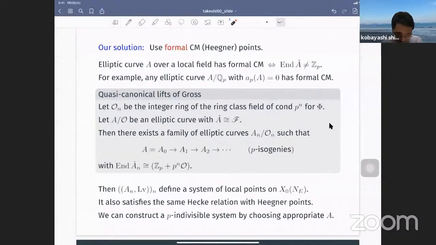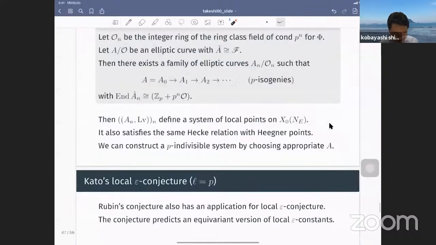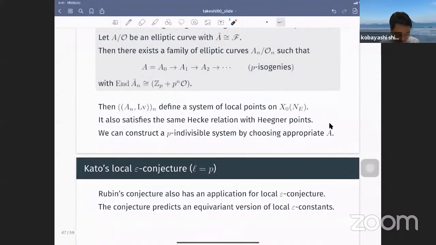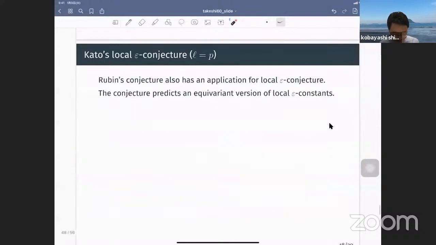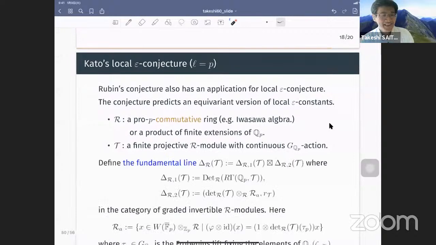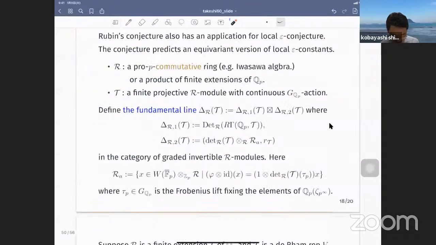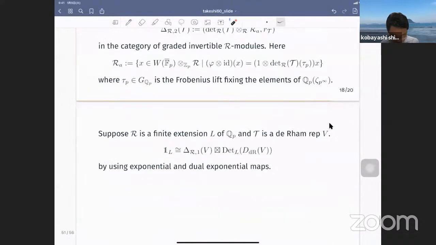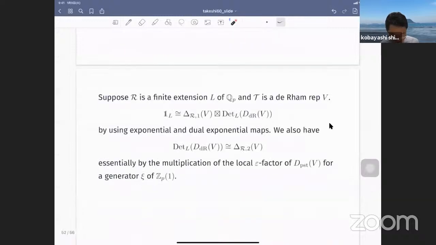Yeah, I made a slide, but basically it's just a reminder. I explained Kato's local epsilon conjecture.